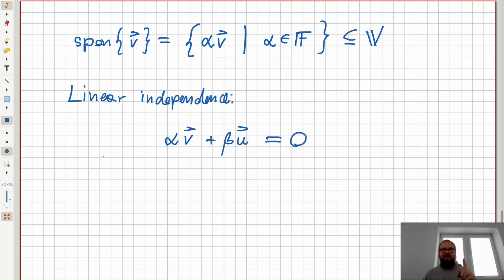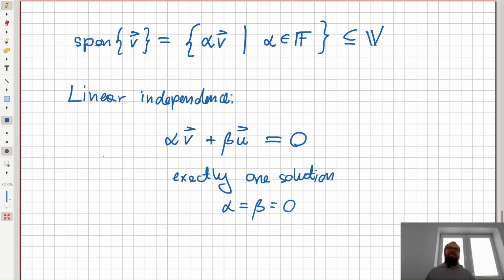V and U are linearly independent, or U is not in the span of V, and also V is not in the span of U, when this has exactly one solution, alpha equals beta equals 0.